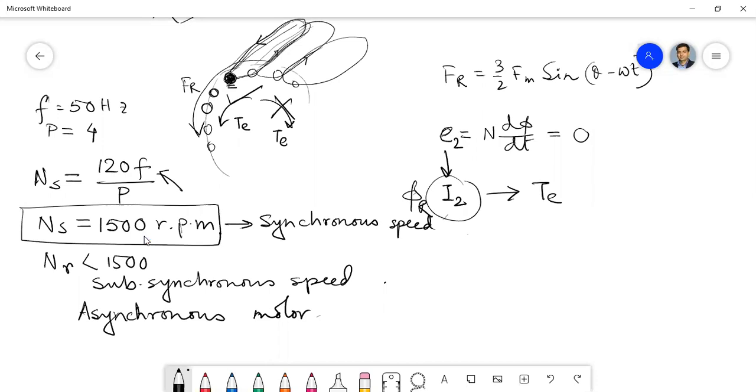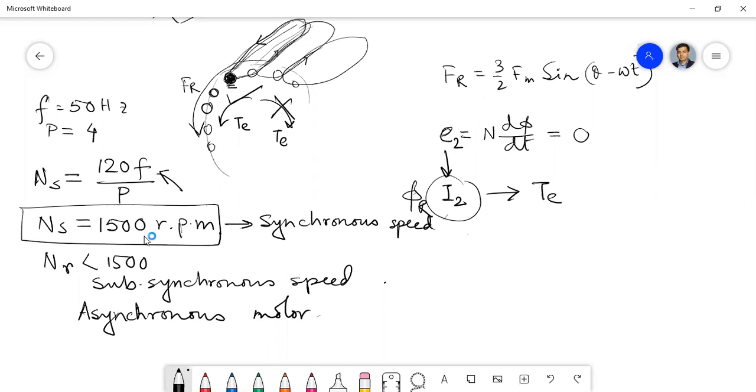Then we can get higher RPM. But in most of the machines, that is the limitation. For induction motors or for synchronous motors or alternators used in power plants, the speed is limited by this formula, 120 F by P. So this is a very important formula. You can remember this.